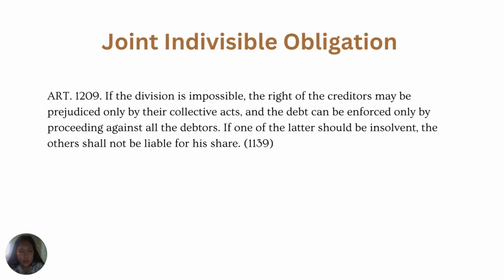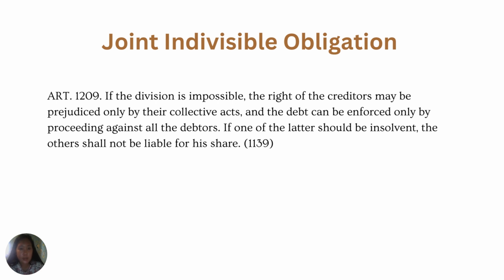Okay. So let us tackle the joint indivisible obligation. According to Article 1209, if the division is impossible, the right of the creditors may be prejudiced only by their collective acts, and the debt can be enforced only by proceeding against all the debtors. If one of the latter should be insolvent, the others shall not be liable for his share. Here the obligation is joint because the parties are merely proportionately liable.